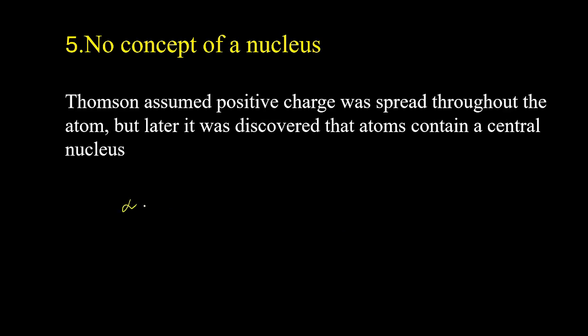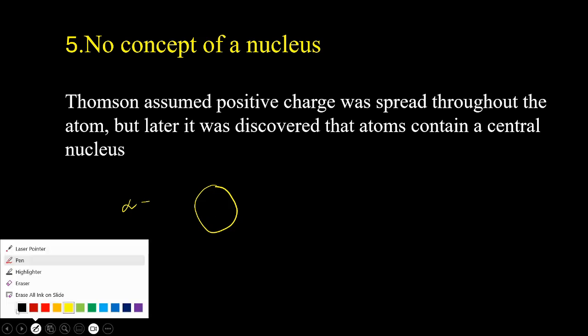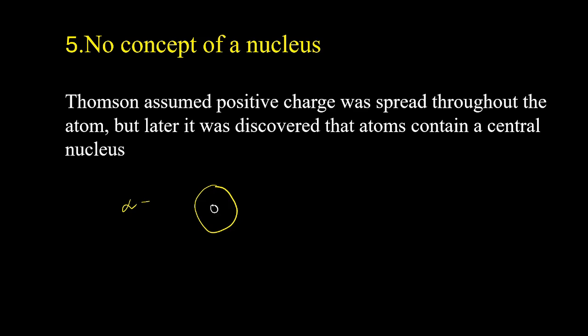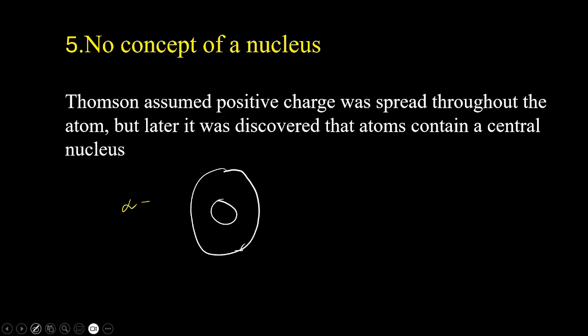From Rutherford's alpha particle scattering experiment, it was explained that an atom has two parts. One is the nucleus, which is basically the inside or central part of an atom where neutrons and protons reside, right? If this is an atom, this is the center part, and in this center part, protons and neutrons remain. This is called the nucleus.